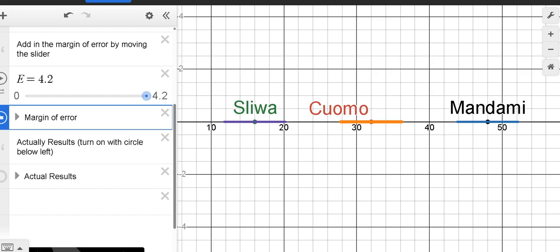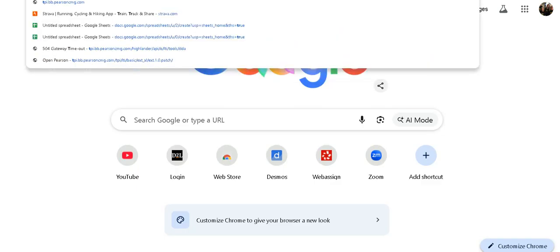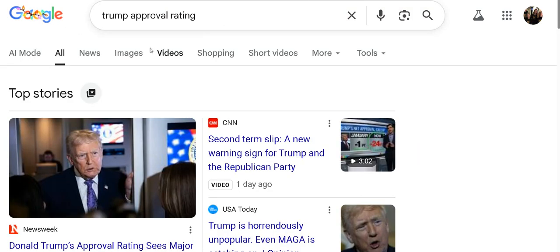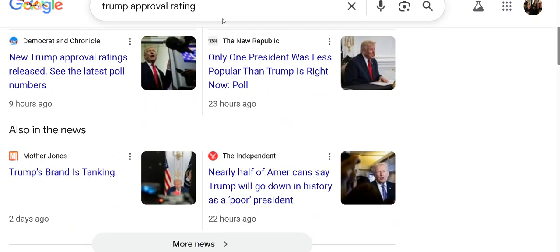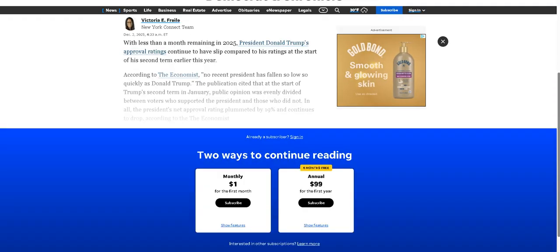In fact, let's look at some polling numbers. Trying to think of something. Well, unfortunately, I'm not trying to get political. Let's do Trump approval rating. Now, it should give us some plus or minus numbers as well. Let's see here. Of course, I got to sign in for something.